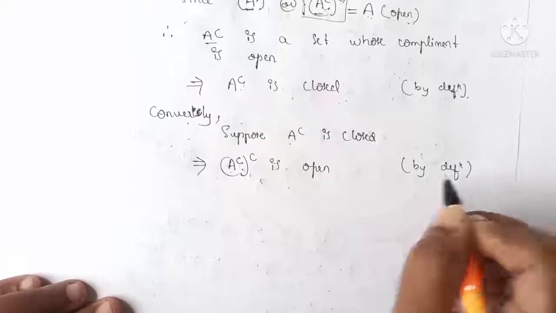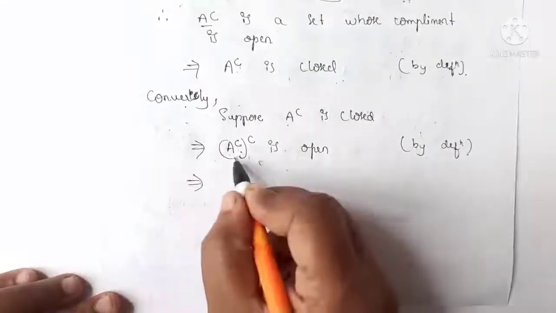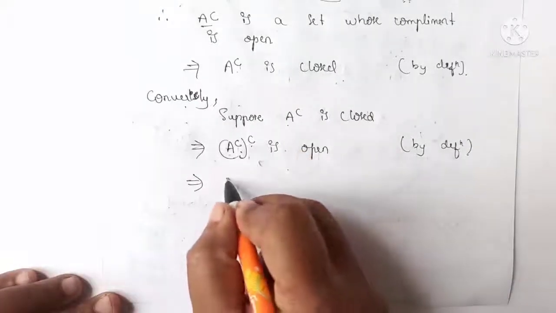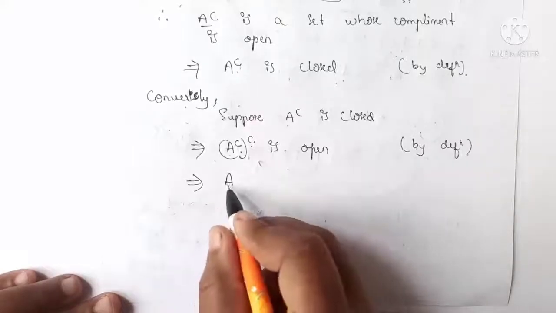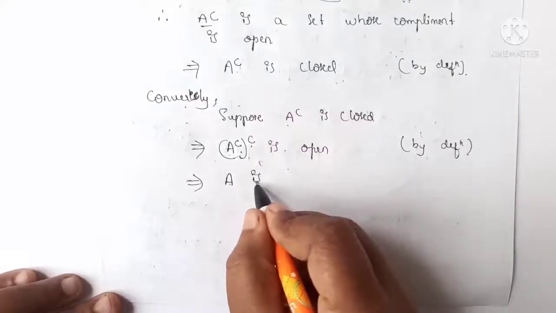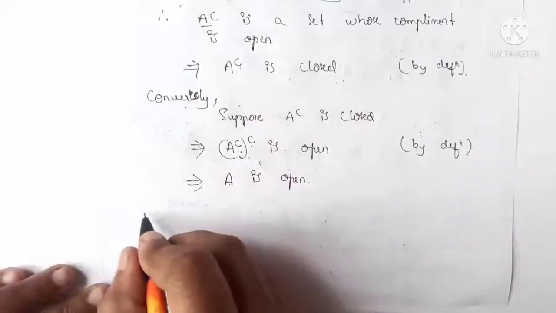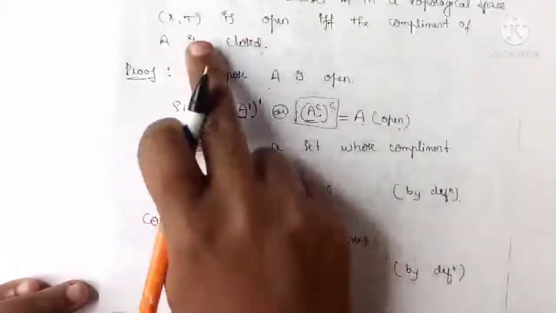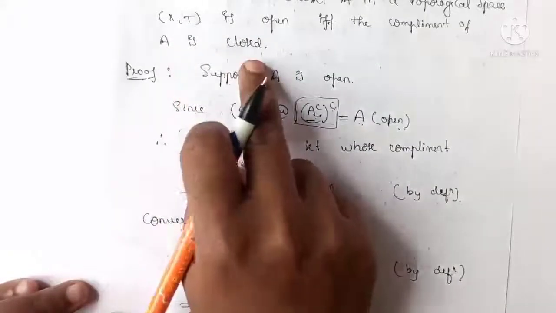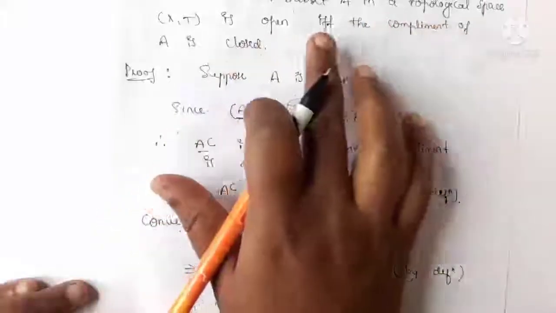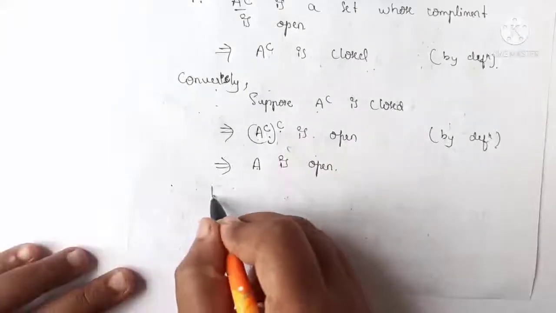We know that the complement of a complement is again the same set, that is, A is open. Which is the proof. Hence we can say that A is open if and only if its complement is closed. Okay, hence the proof.